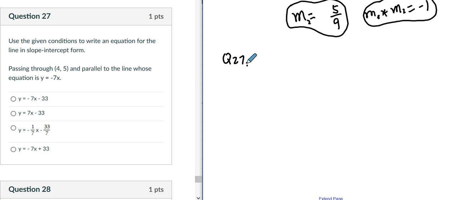We want to use the given conditions to write an equation for the line in slope-intercept form.